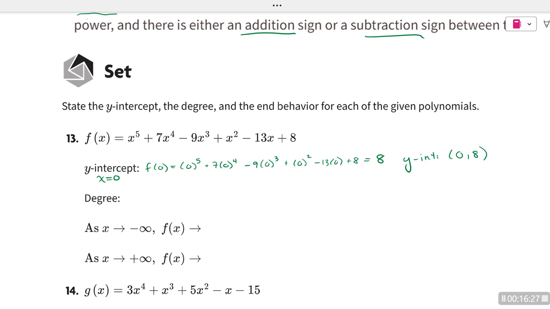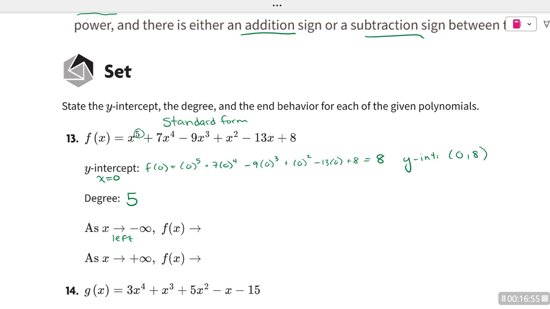So the degree, when it's in standard form, meaning the highest exponent is written first and we have a sum or difference of our terms, is the highest exponent. Now the end behavior: as x goes towards negative infinity, as x goes towards the left, what is happening to our y?